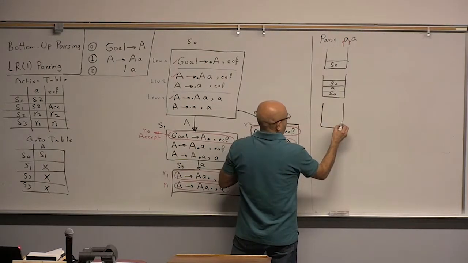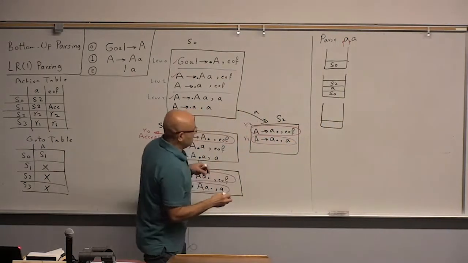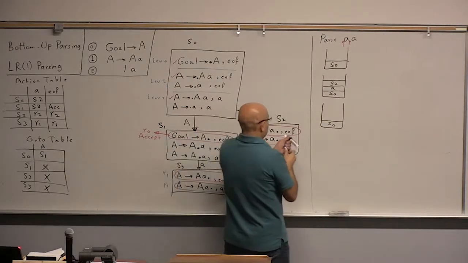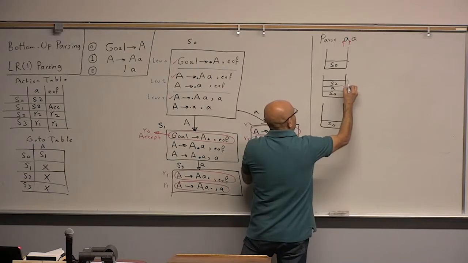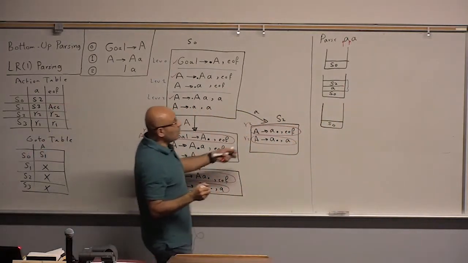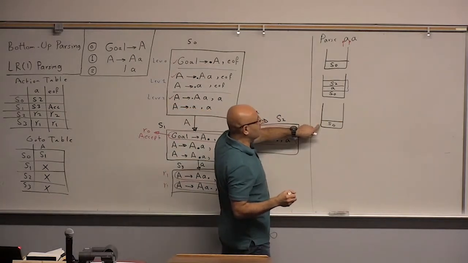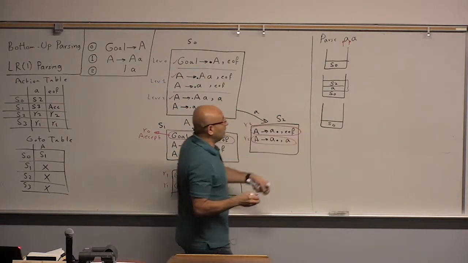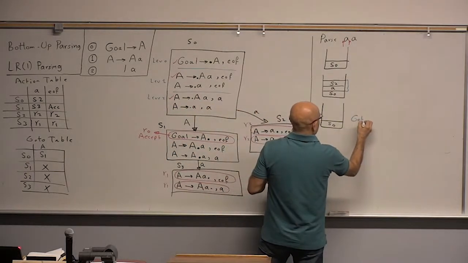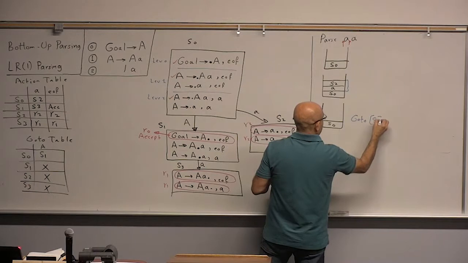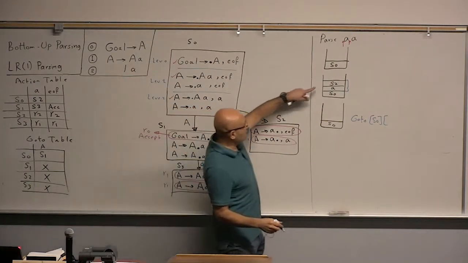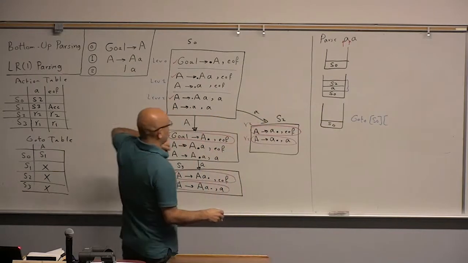So what I reduce by is going to be, I pop these off the stack. This is a tricky part. I pop these off the stack, and then my go-to is going to depend on what remains after the popping. So I will go back to S0. So I will look at go-to of S0 and the non-terminal that I get with this reduction.